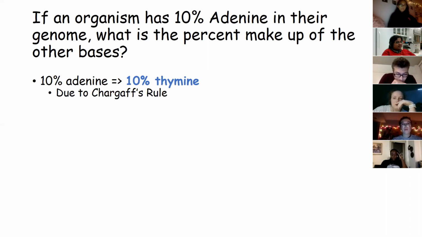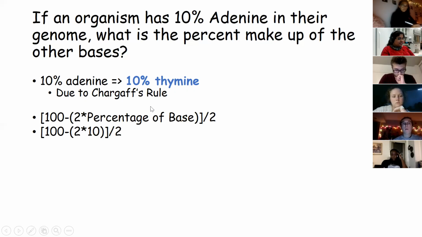Yes. It's also called Chargaff's rule for base complementarity. It says that adenine is proportional to thymine, and cytosine is equivalent to guanine. Okay. So knowing that 10% adenine means you have 10% thymine.